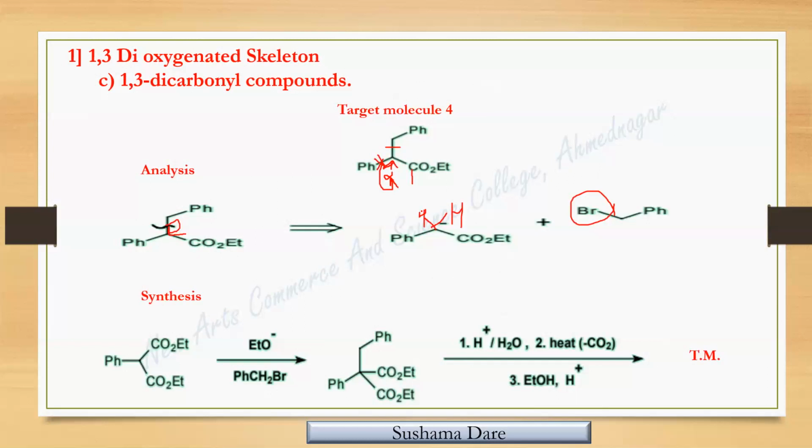Both hydrogens can be abstracted by the base and get substituted. So instead of mono substitution, we get a dialkylation. To avoid this, what do we have to do? We have to convert it into a more acidic proton. And how can we convert it to a more acidic proton?